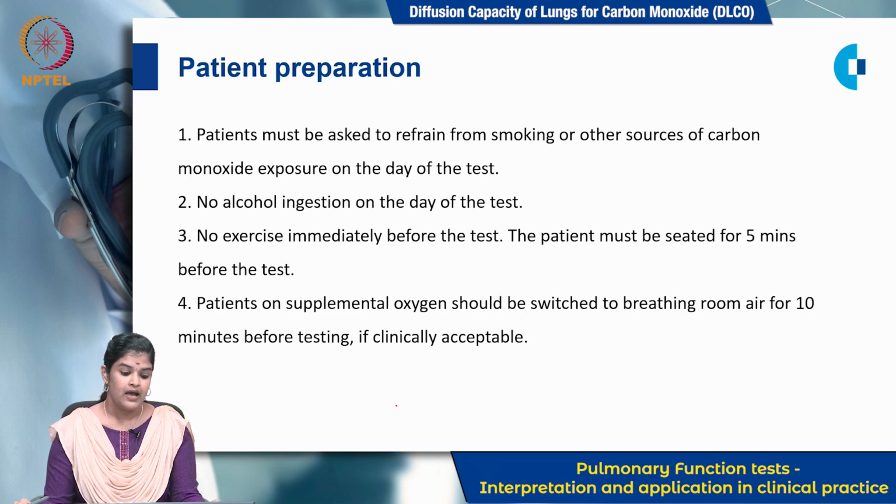Patient preparation: the patient must be asked to refrain from smoking or other sources of carbon monoxide exposure on the day of the test. No alcohol ingestion on the day of the test. No exercise immediately before the test. The patient should be seated for 5 minutes before the test. A patient on supplemental oxygen should be switched to room air for 10 minutes before testing if it is clinically acceptable.